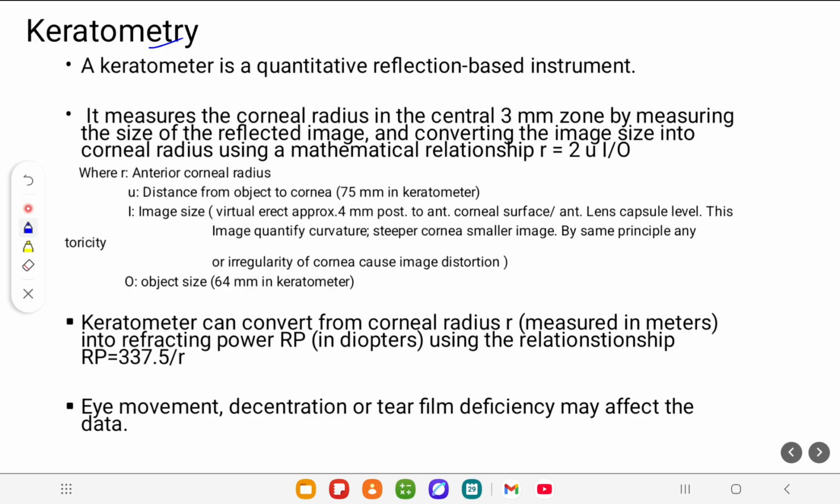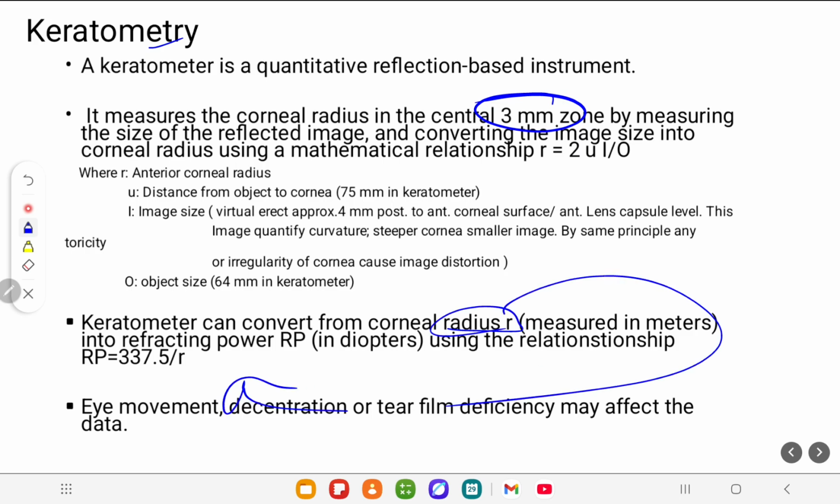What it actually does is take the reflection from the cornea, from approximately the central 3 mm zone of the cornea, and that reflection image is a virtual and erect image, and we have to measure that image, and then we convert that measurement to radius of curvature, and we can convert radius of curvature to power, diopter, by this formula. And I know where this formula comes from.